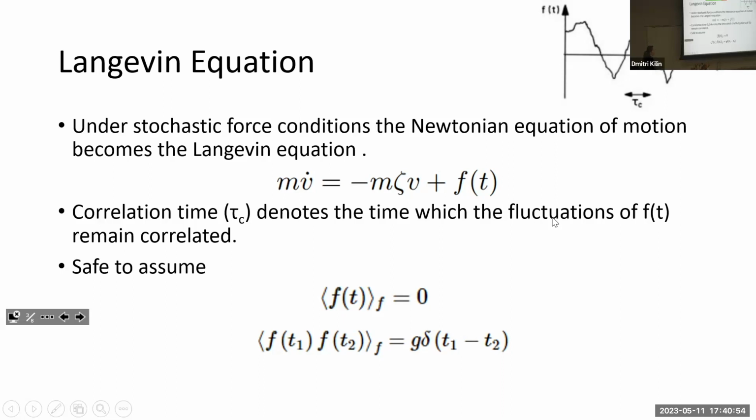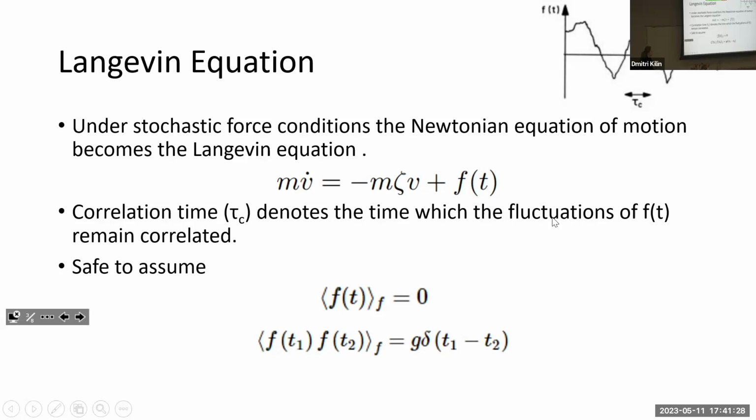Okay, so this is the very generalized version of this equation. This is pretty much the beginning equation, but depending on how you swap things out in this equation, it will give you different end equations. In that process of putting things in and switching them to make it relative to your specific case, you come up with this correlation time, tau c, which denotes the time over which the fluctuations of Ft remain correlated.